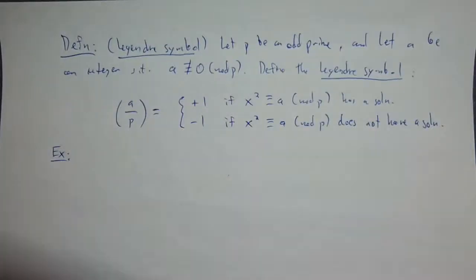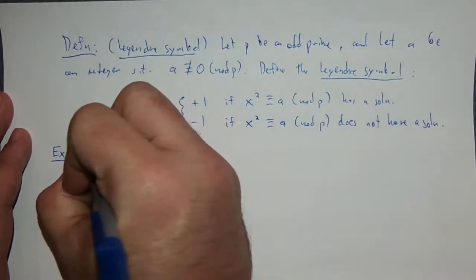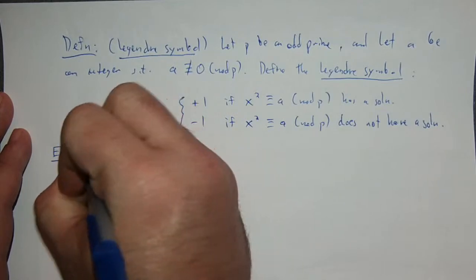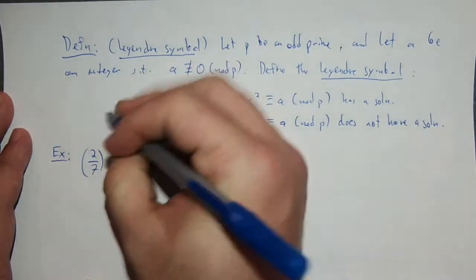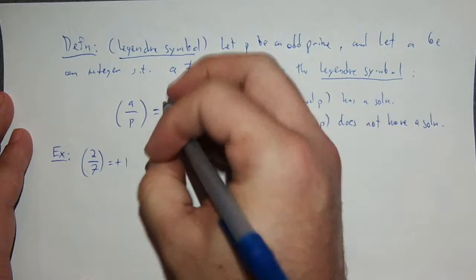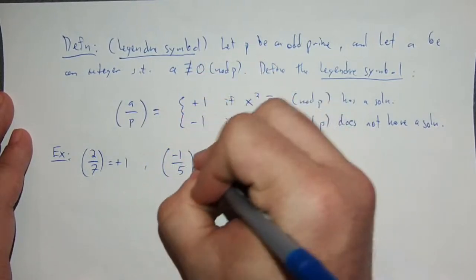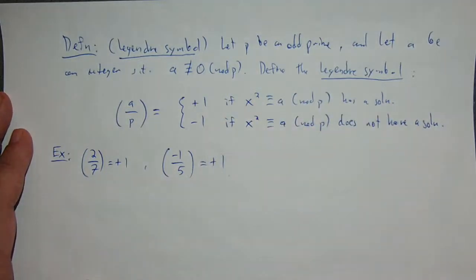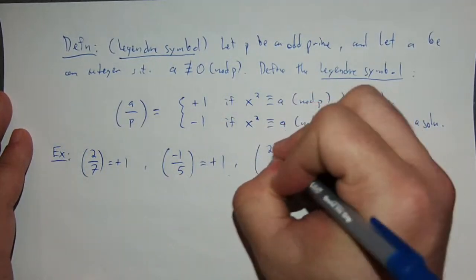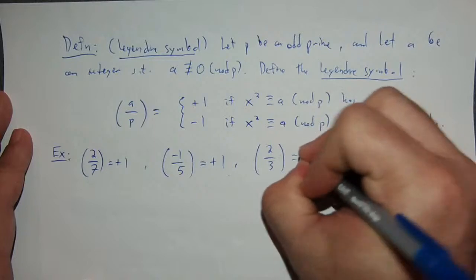So in terms of the Legendre symbol, 2 on 7 is plus 1. Minus 1 on 5 is plus 1. But 2 on 3 is minus 1.